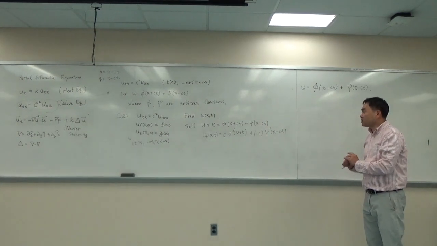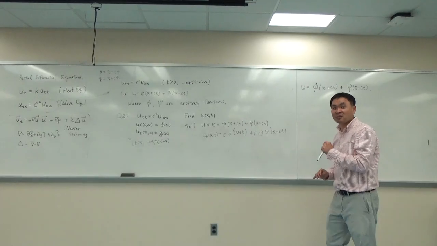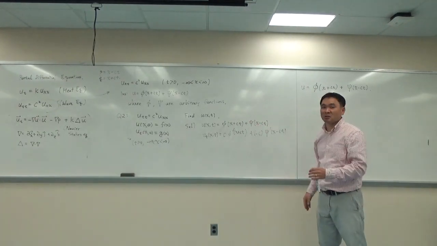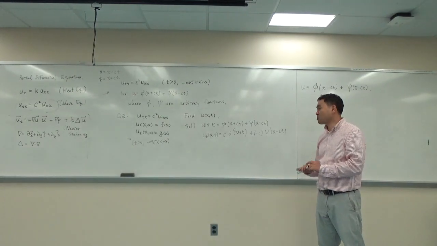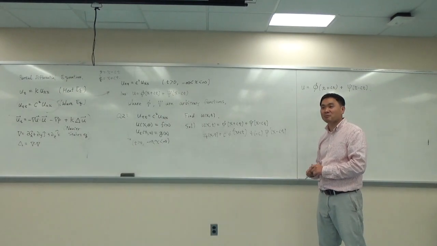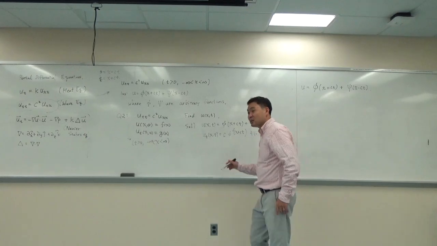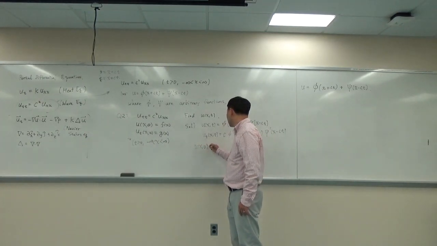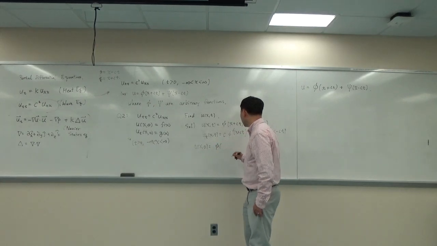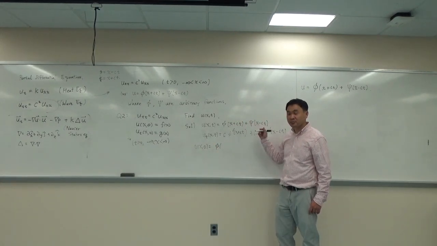All right. Now what? What next? Everything will follow. There's only a few things you can do. What should we do next? Plug in what? 0 into t, right? So we have u(x,0) equals, tell me what you get. phi of x plus psi of x.